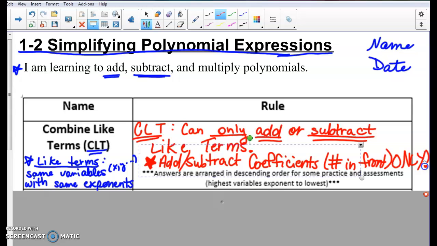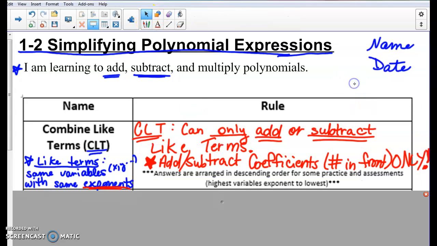And the reason why I stress this is because some people like to add the exponents as well, and they don't. The exponents just hang out there, they stay the same. So when we combine like terms, we are only going to add or subtract the number in front. So we're going to add or subtract the coefficients alone. Just that.